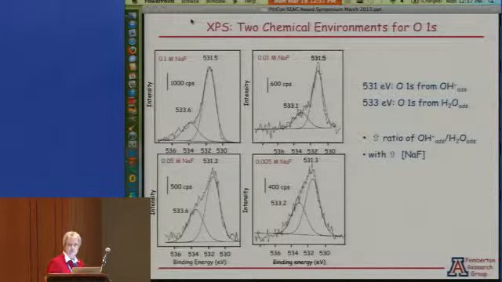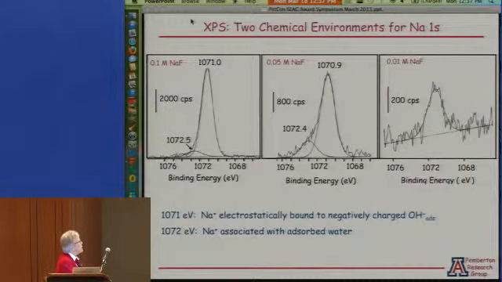And this is the first evidence that there is really water at these interfaces. And then you also see two chemical environments for sodium, which is somewhat surprising. One that is due to sodium that's electrostatically bound to the adsorbed hydroxide, and then sodium that is just carried along as predicted in the immersed layer that is hydrated. Okay? So it surprises somewhat about the composition of the immersed layer.